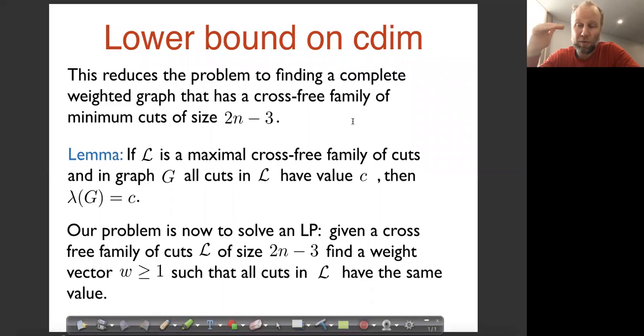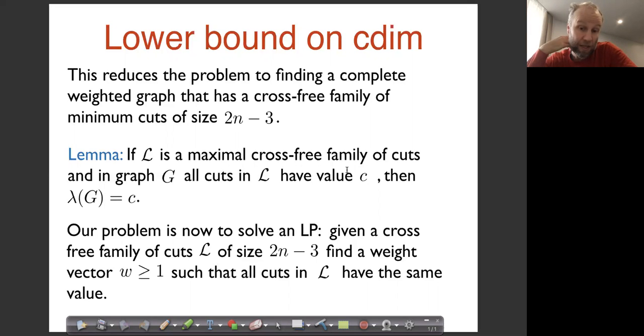Those are the cuts that we want to be minimum cuts in our weighted graph, and the weights we still need to cook up. So now we just need to find a weighting so that all those cuts have the same value. Then this lemma tells us that will be the minimum cut. The other thing is we need to ensure that it's a valid graph, so the weights should be positive. Without loss of generality, we can assume they're all at least 1.